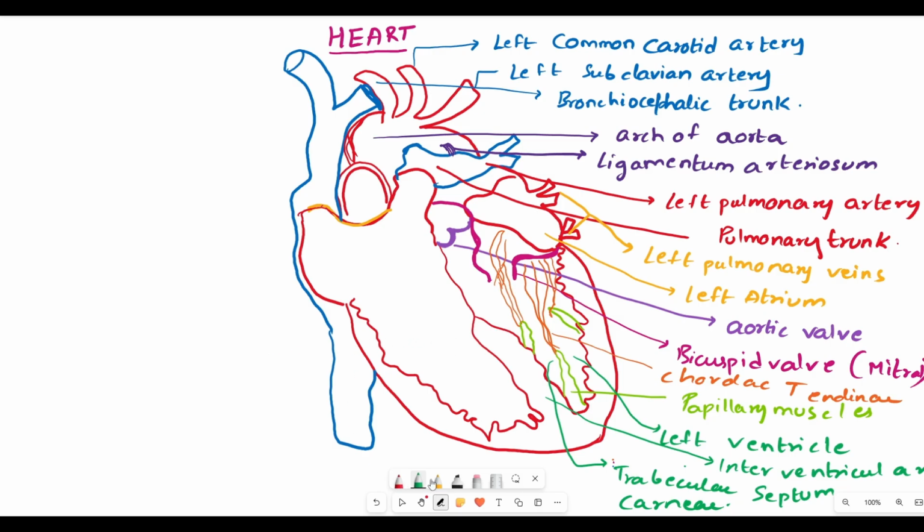So here if you can consider, this position is called as the ascending aorta. We can also see some structures like this.